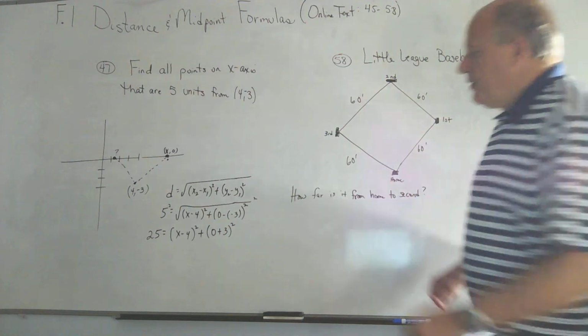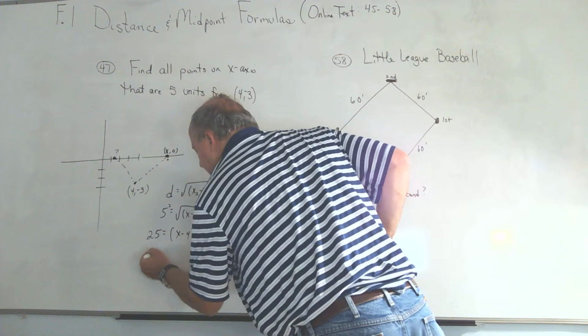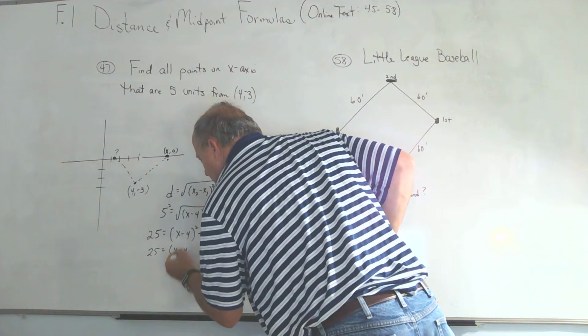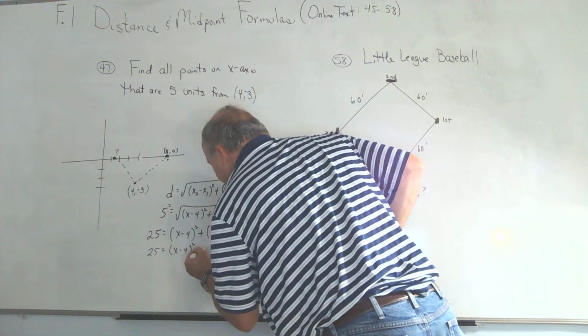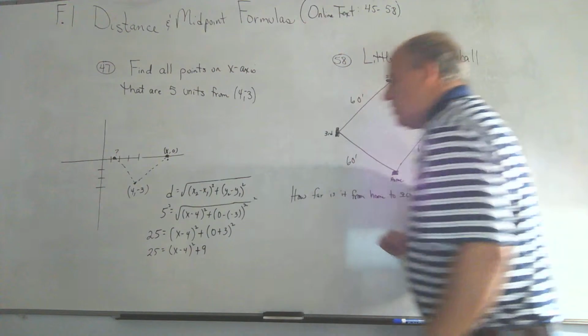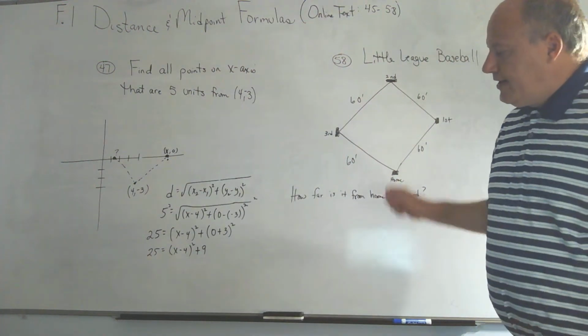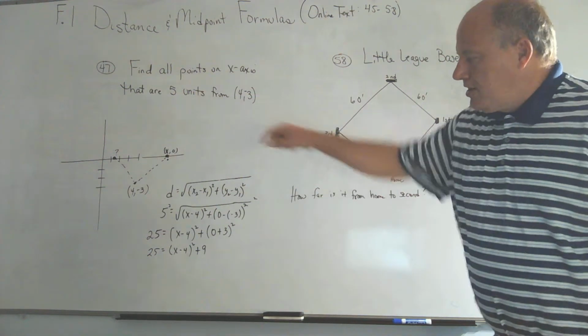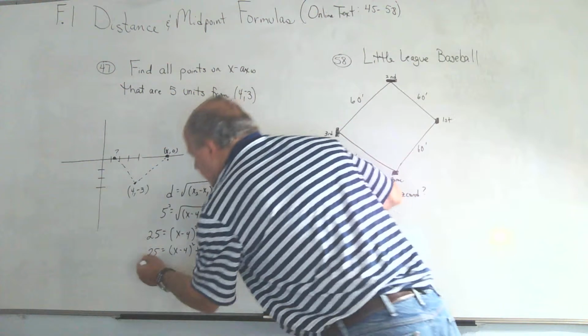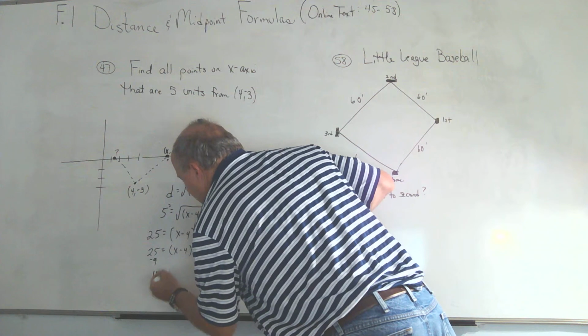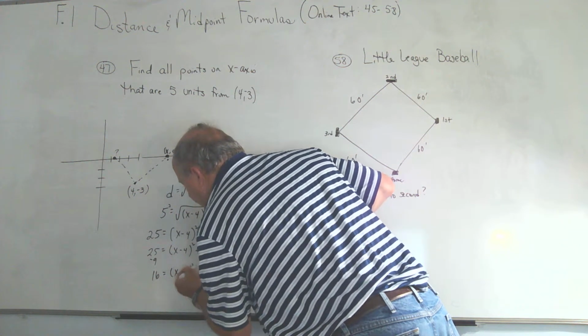Then 0 plus 3 is 3, and squared is 9. And then we'll move the 9 to the other side. And that's 16 equals x minus 4 squared.